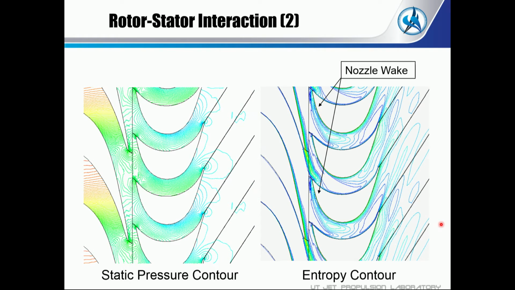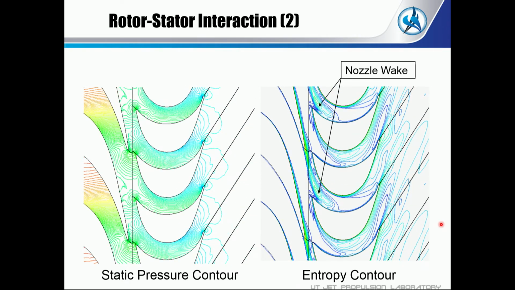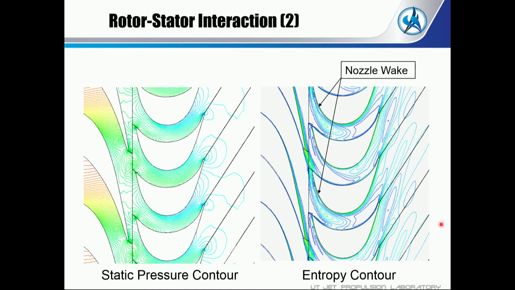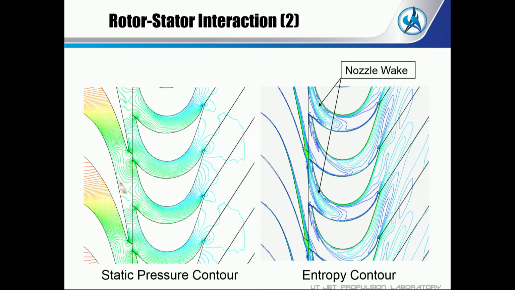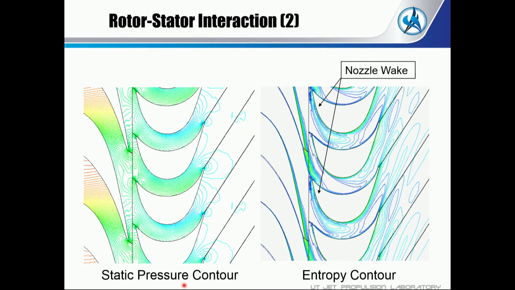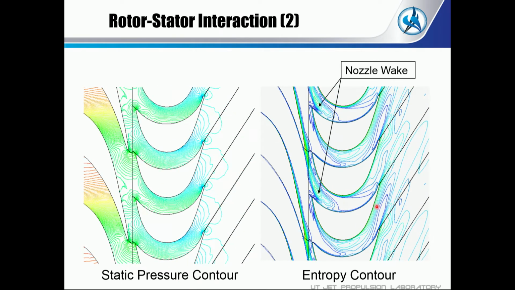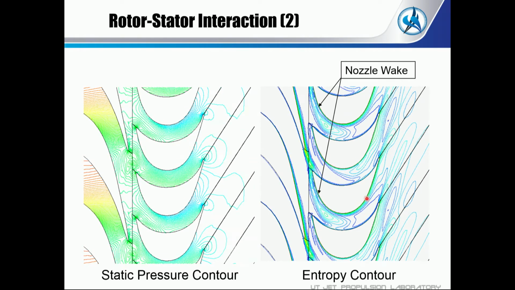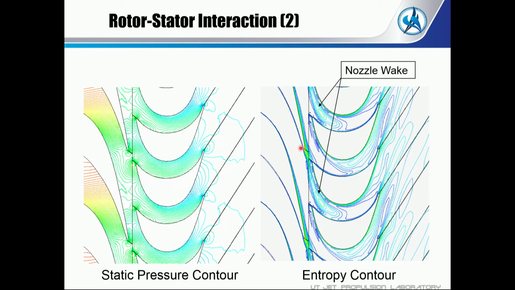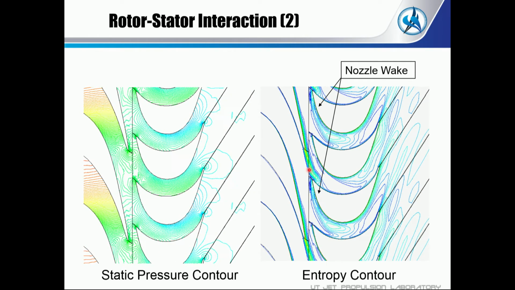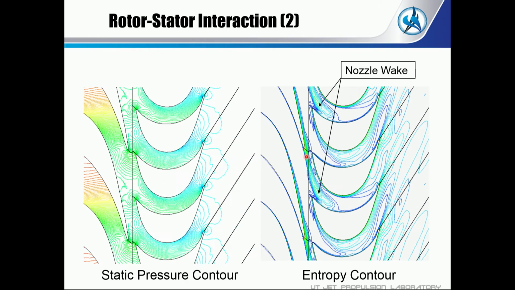And this is the CFD result of the turbine. The trailing edge of the nozzle is here, and this is the rotor. This is an entropy contour. As we can easily see, there is the low energy wake region here.